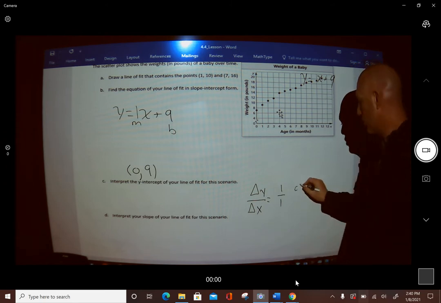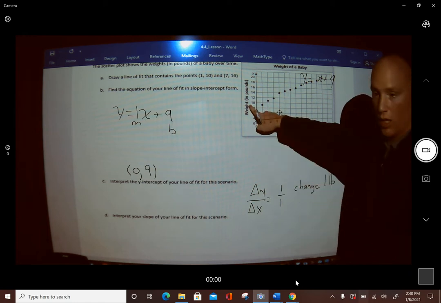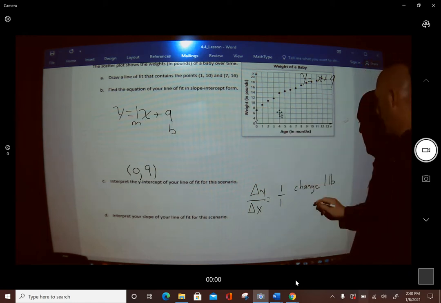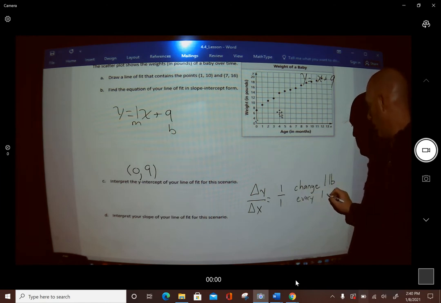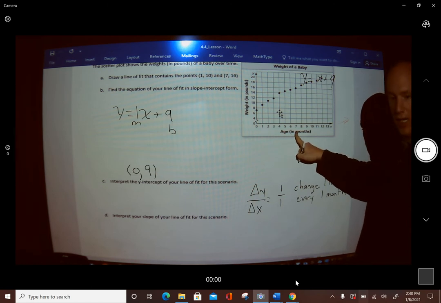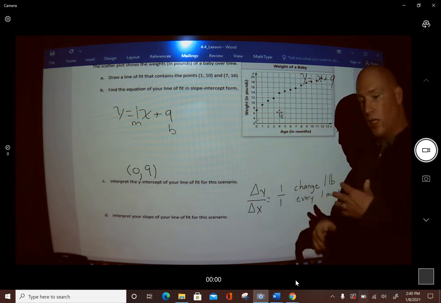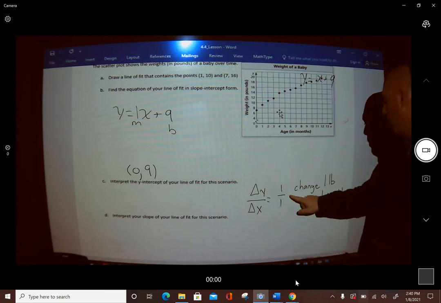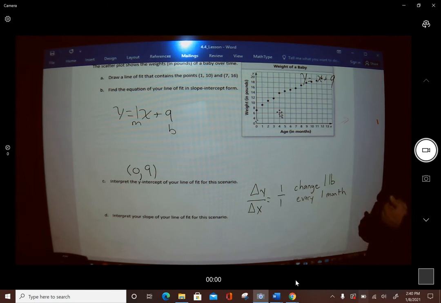We expect a change of 1 pound, because we're talking in weights, every 1 month, because that was our change in age down here. So slope is a rate of change. And remember, you can read this as per 1 pound or per 1 month.